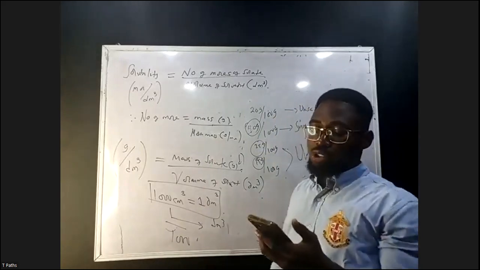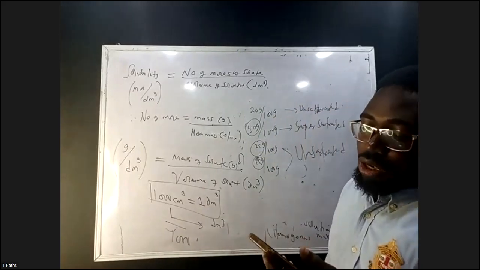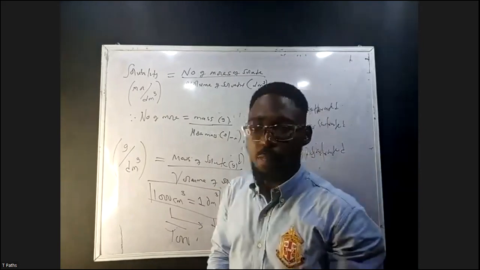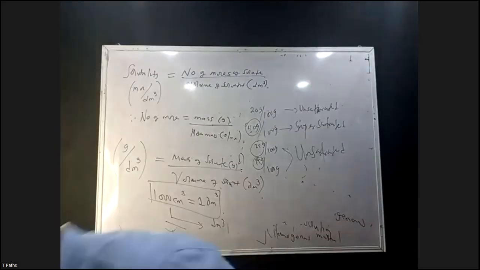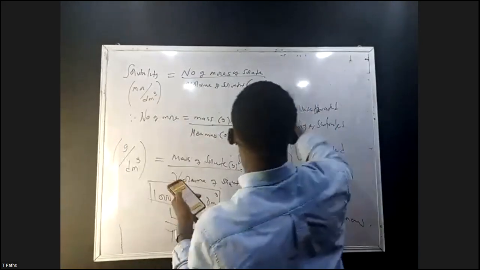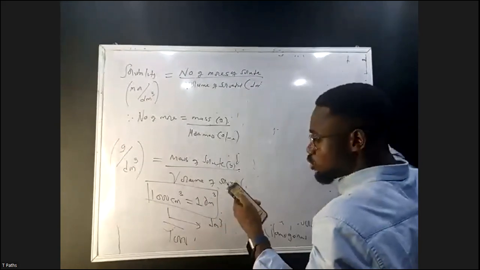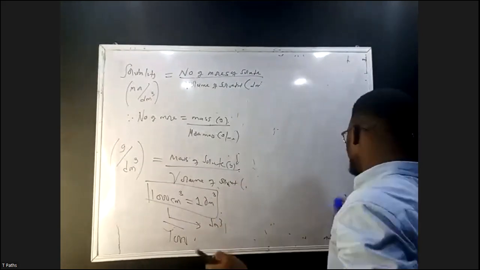So let's look at this UTME question. The question says, calculate the solubility in moles per dm³. That's the first thing you have to watch out for: in what unit do they want you to solve the solubility?